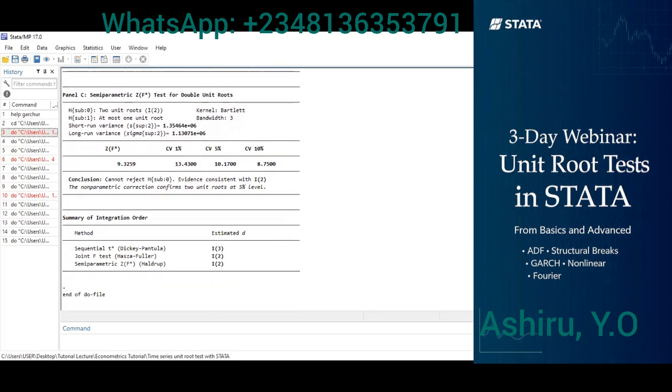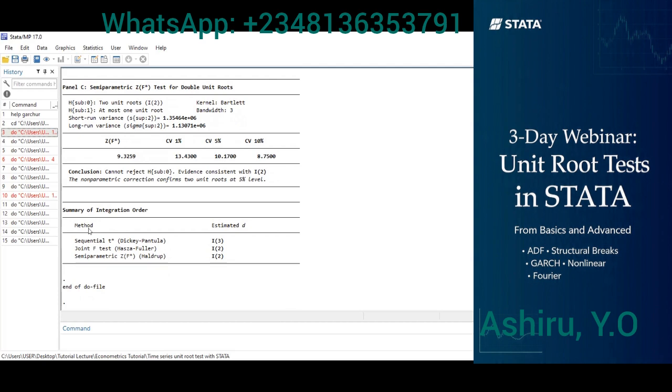The series is also integrated of order 2. You can look at the summary here, so you don't even need to disturb your family. The first one assumes I3, the second one is I2, and the third one is I2. So according to this test, the series we just tested is an I3 variable.